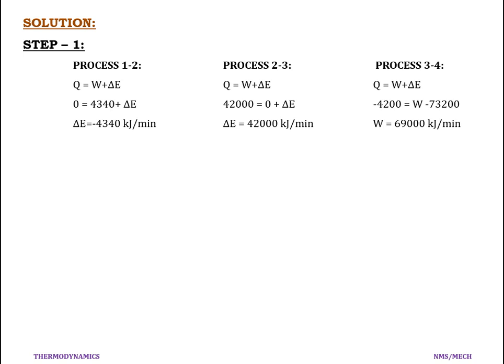So from the given table, we can fill these 3 values in the missing places. But for the last process 4 to 1, no values are given in the table. So we have to calculate all the values: the heat transfer for the process 4 to 1, the work output for the process 4 to 1, and the delta E value for the process 4 to 1.